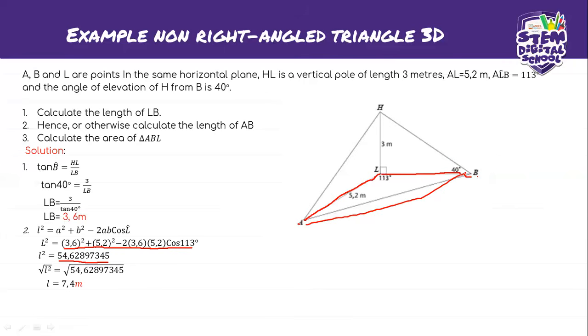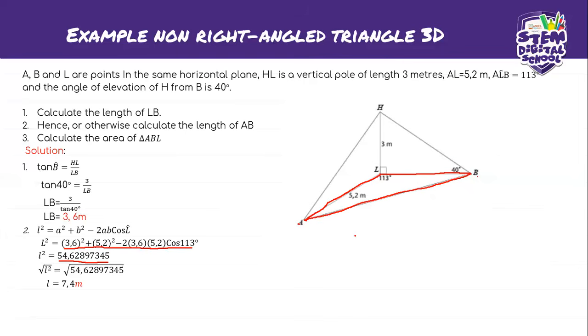I just want to show you which triangle we are going to calculate. Let me just remove this one. All right. Then from L to A here. Right. Then from A to B, this is the triangle that we are going to calculate the area of.